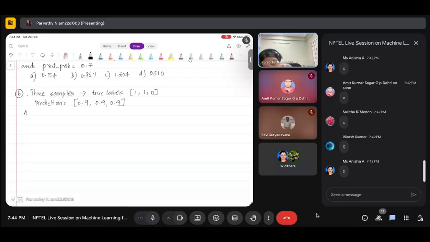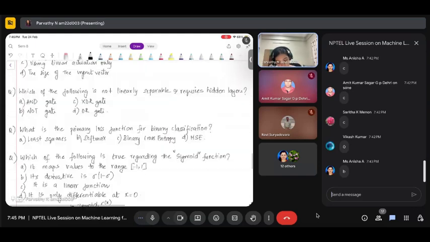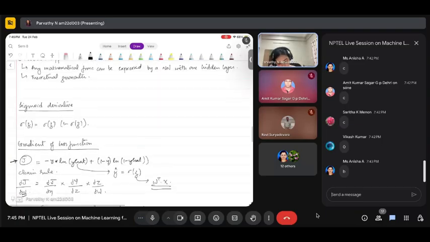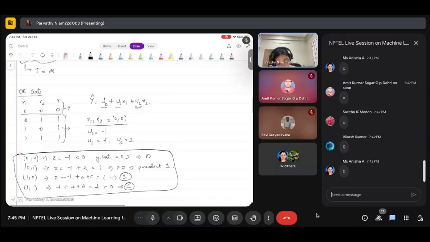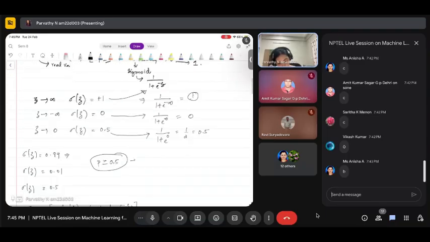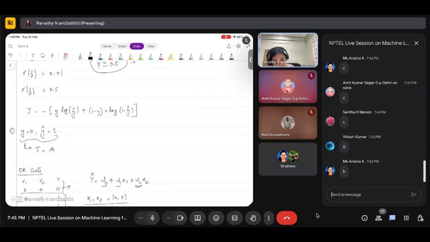And what is the average binary cross entropy? Yeah, so this is the formula that you have to use.